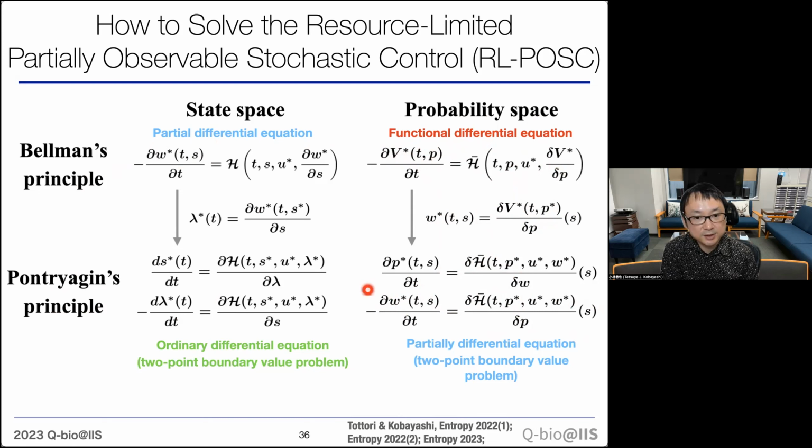This is very similar to that. Also, if this H is a function that is averaged with respect to the probability, then this variation produces the H, the term before averaging with respect to this P. Therefore, we can recover something very similar to this equation eventually. So this is a very intuitive idea behind our approach.